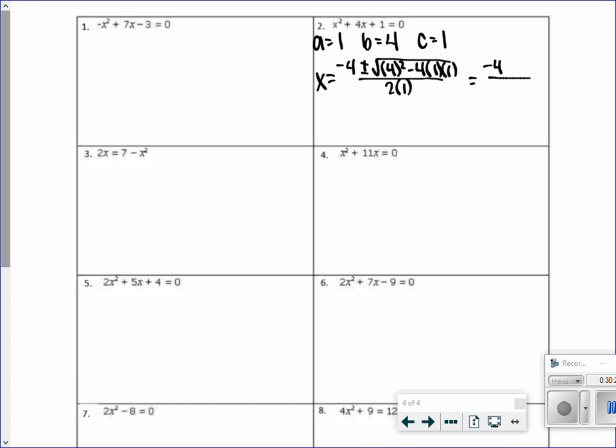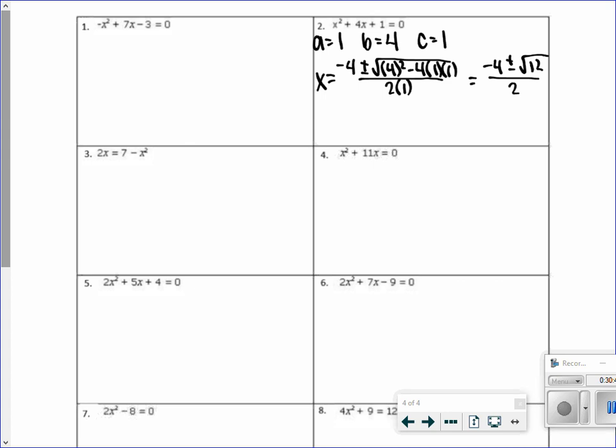We've got a negative 4 in the front, plus or minus, and a 2 in the denominator. Now you just have to figure out what will be underneath that radical. All right, so it is 12 under the radical.